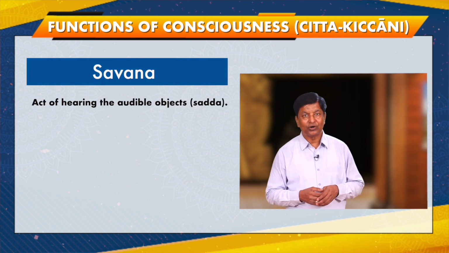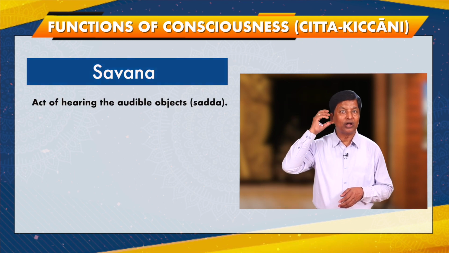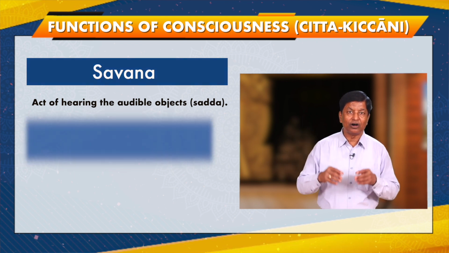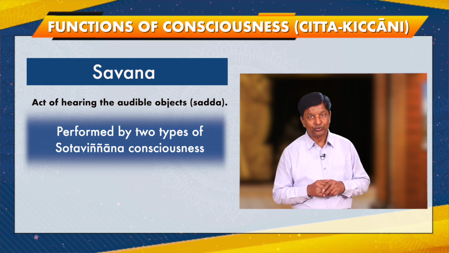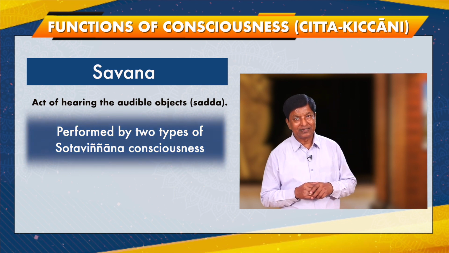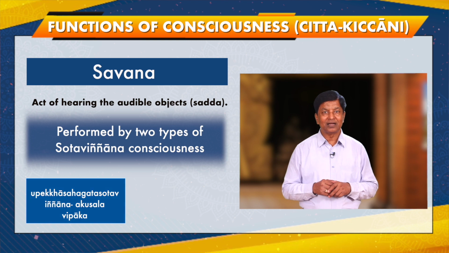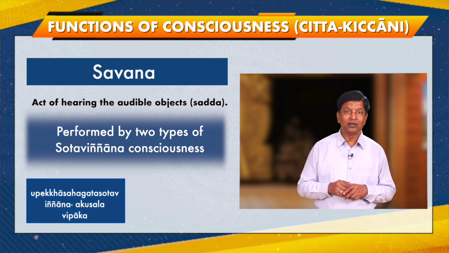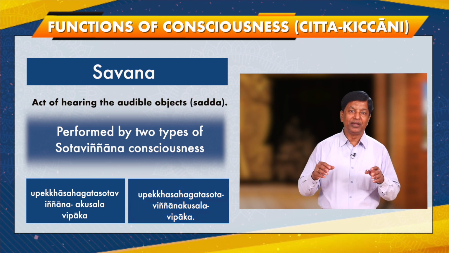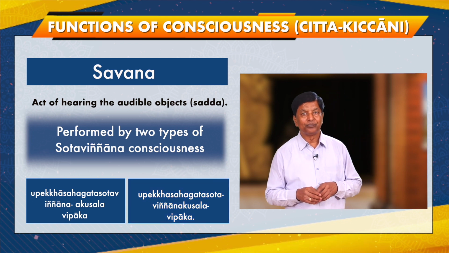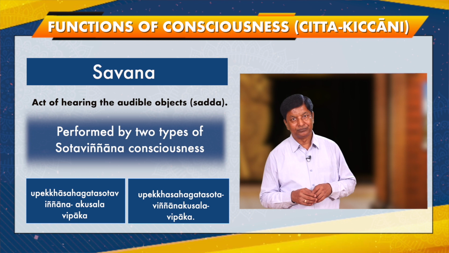It is the act of hearing the audible objects. It is also performed by two types of Sota Viyana consciousness, namely Upekha Sahagata Sota Viyana, Akusala Vipak, and Upekha Sahagata Sota Viyana, Kusal Vipak.